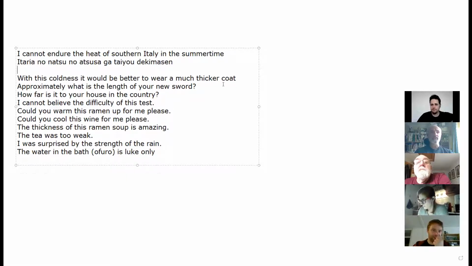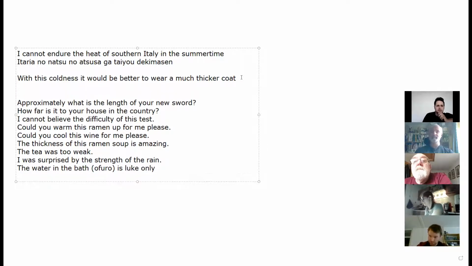Good. Jock. With this coldness, it would be better to wear a much thicker coat. この暑さなら this coldness. 寒さなら. 上着のもっと厚いものを.